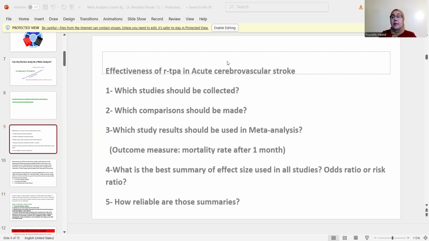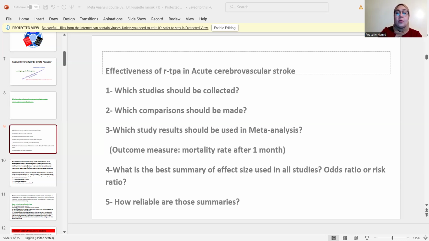But in brief now, as an introduction today, you should know that if you have these numbers, I have the total sample size and those who died after 1 month, and on the other arm, I have the total sample size and those who died after 1 month, then I can create the odds ratio or risk ratio. We will see how we can do it together.